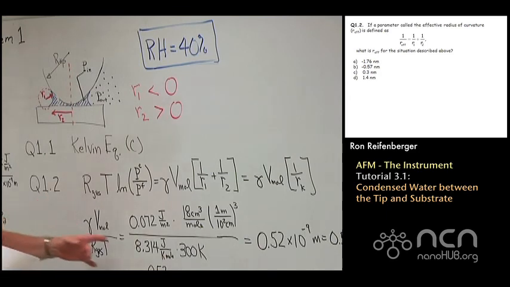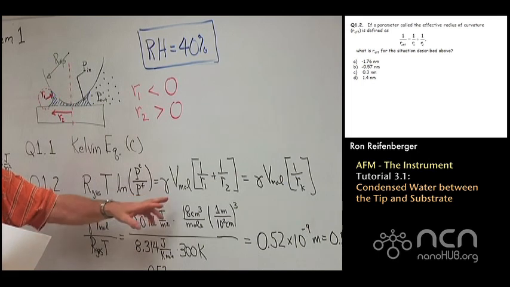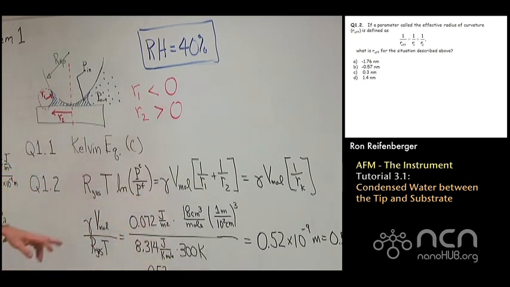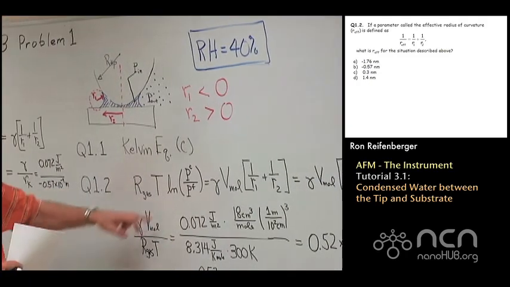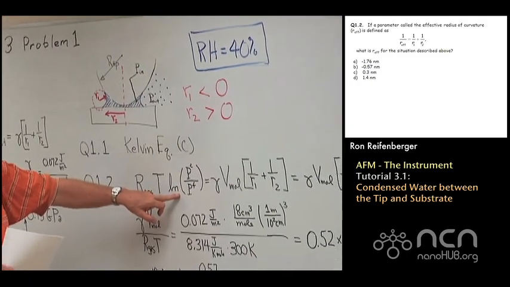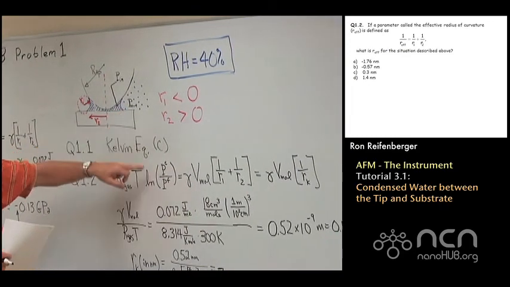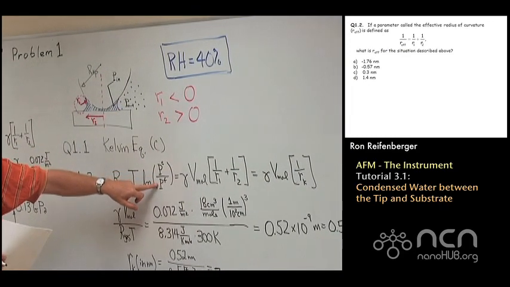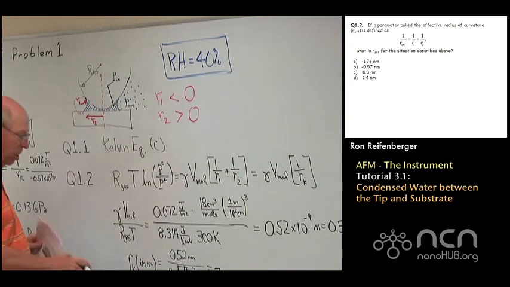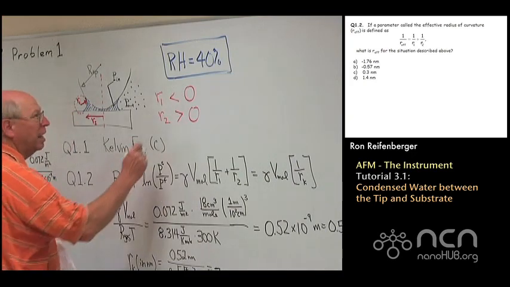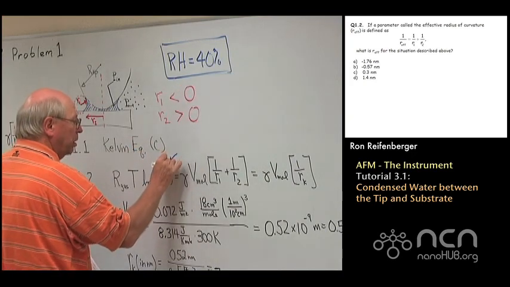So if we want to solve for what 1 over R sub k is, we have to evaluate these constants: gamma, the molar volume of water, the universal gas constant, temperature T. This natural logarithm of the pressure above the curved surface divided by the pressure above the flat surface, that quantity is identified with the relative humidity.